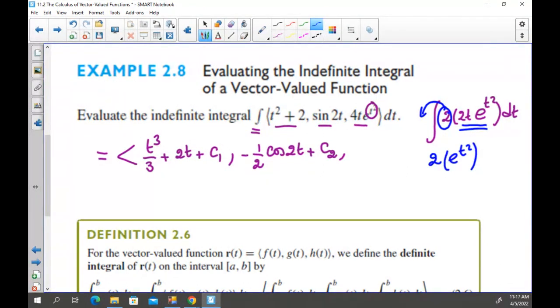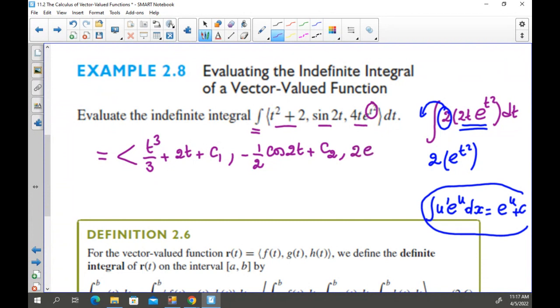I think I mentioned this many times, that if you have u dash e to the u, then this is just e to the u. Very important rule. So therefore, what you have here will be 2e to the t squared plus another constant, c3. So in the end, the whole integral is here. Do you get this?